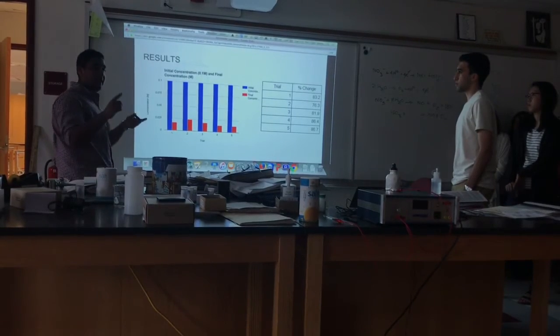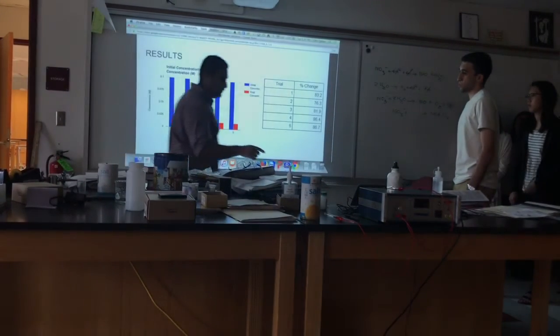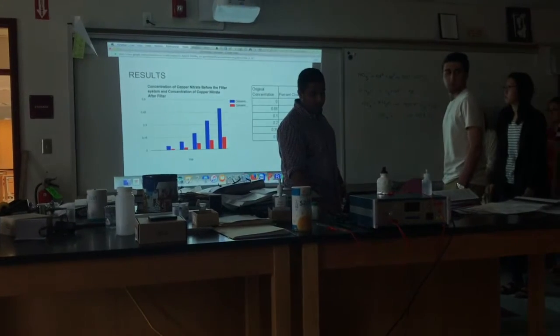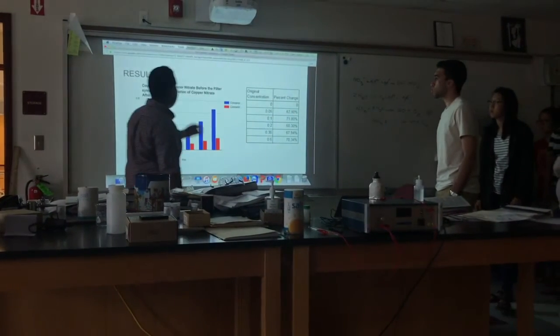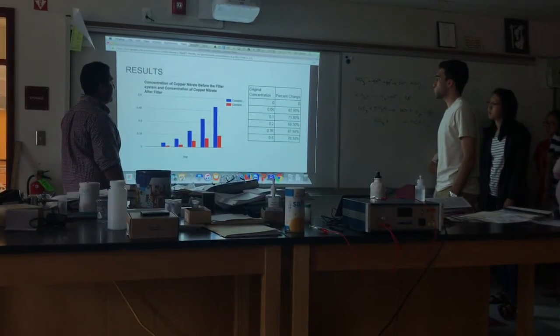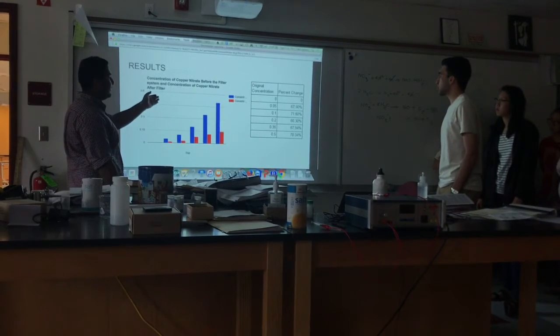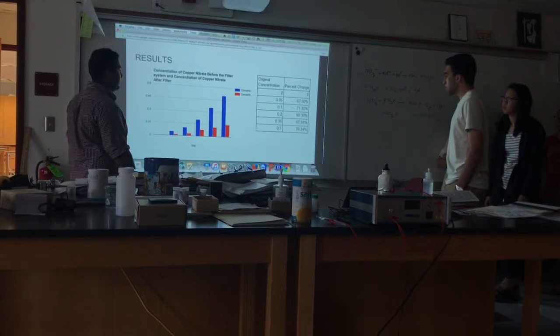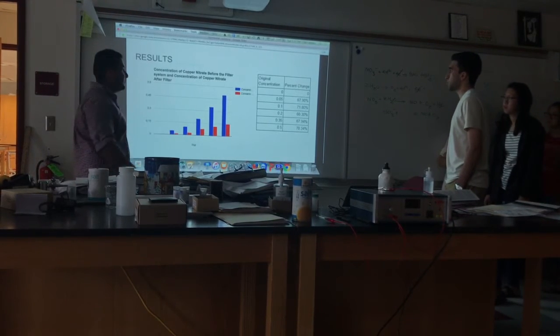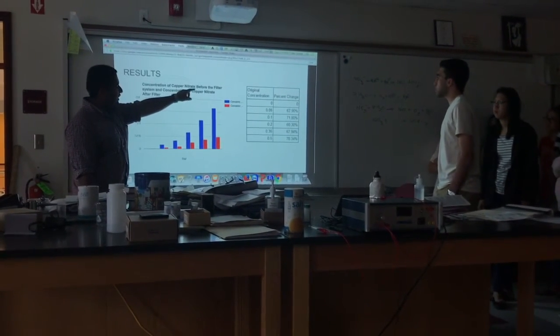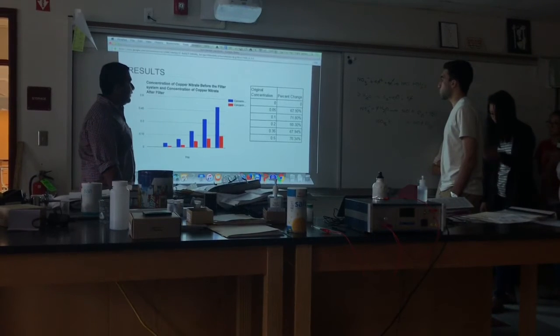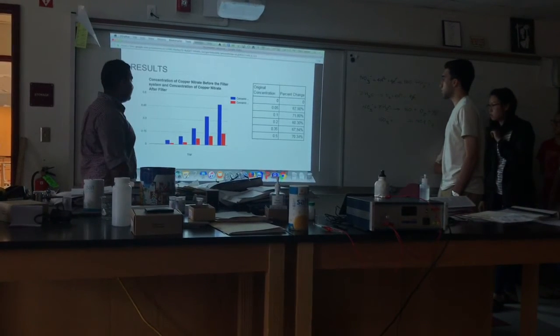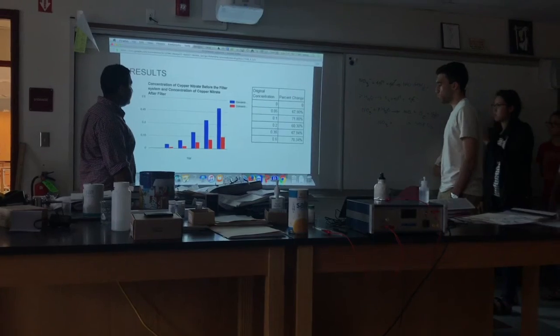Now this was only at 1 concentration, so we did it at multiple concentrations. We had a 0, where we just put distilled water through, and we had 0.05, 0.1, 0.2, 0.35, and 0.5 molar solutions put through this filter system. The percent change is on that graph. It was all above 60% throughout all of these concentrations.